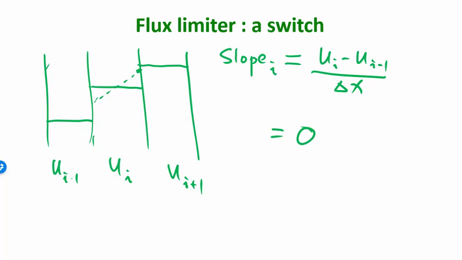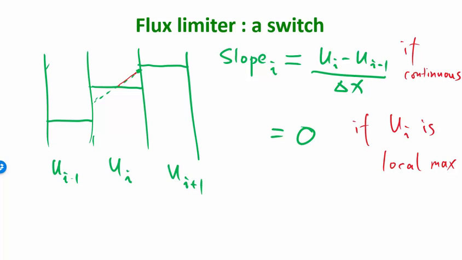So it's if continuous, and this is if u_i is a local maximum. Okay, so this is the slope I use to extrapolate towards the right. So maybe I should say the slope from i to i plus half. That's the slope between the cell center i and i plus half.